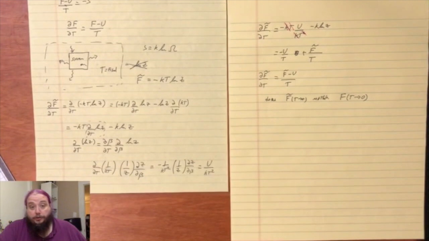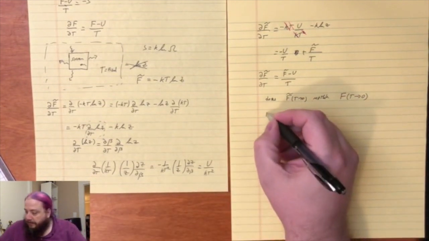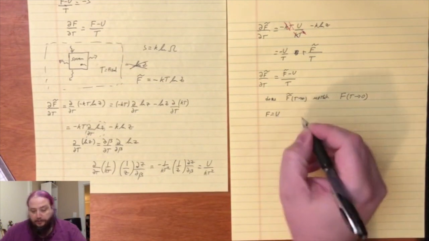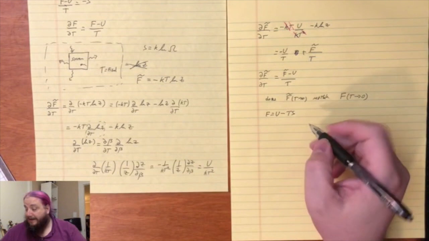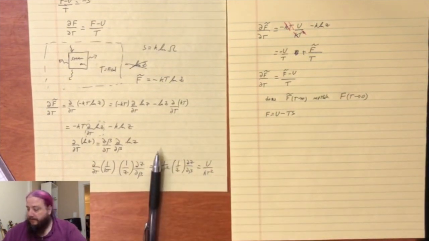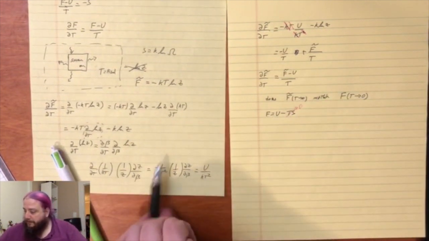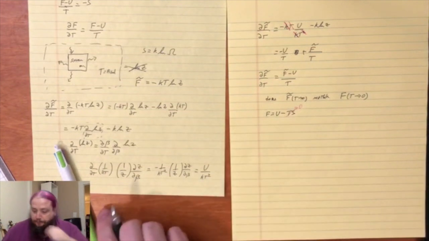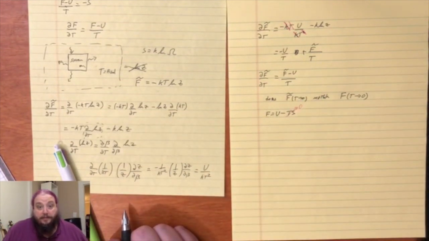Well, so what is the behavior of the actual Helmholtz free energy when we approach absolute 0? Well, if the Helmholtz free energy is thermal energy minus the heat available in the environment, as the temperature goes to 0, obviously this second term is going to go to 0. And this first term, well, it might not be able to go to 0.